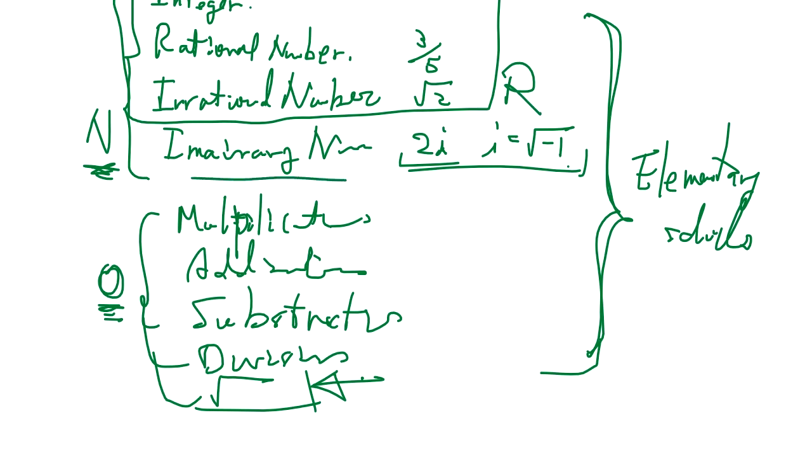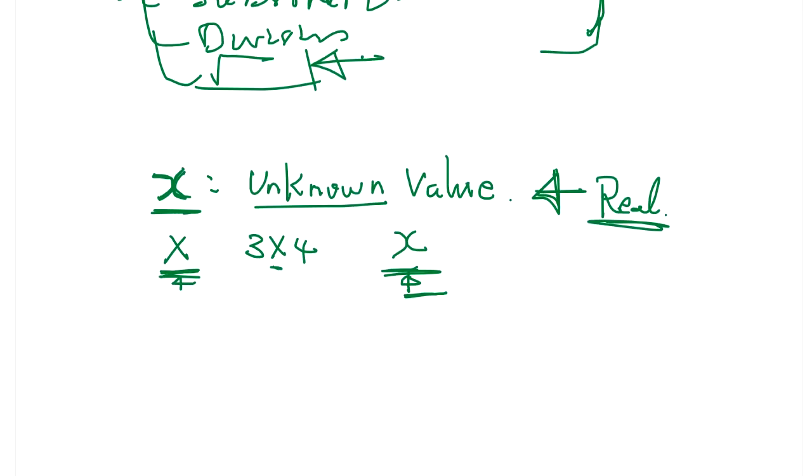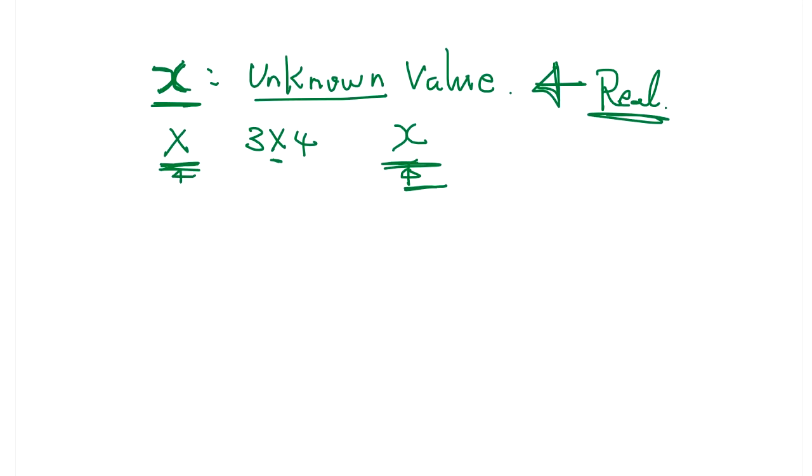Imaginary number is not a real number. Okay. So, in algebra, we actually include unknown value, real number plus imaginary number. Okay?